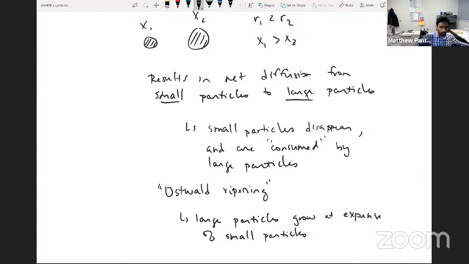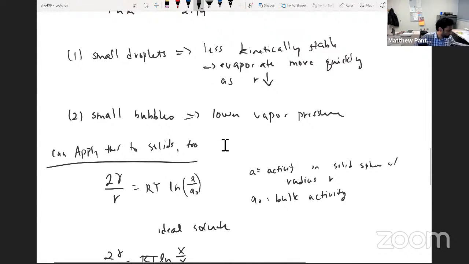So let's start thinking about some other effects that we can think about. Specifically, we just discussed this Weber number. So let's revisit this.